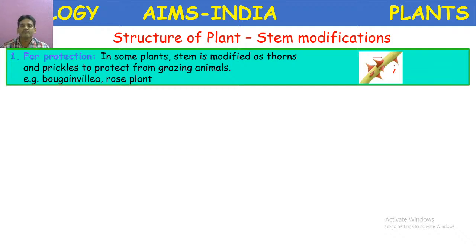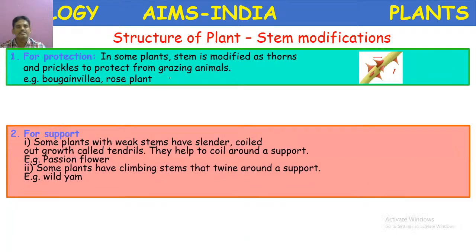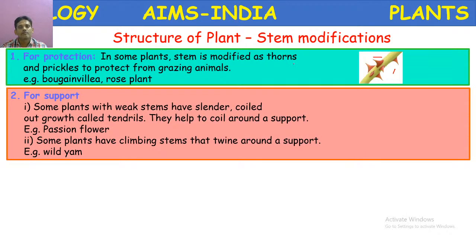They develop some mechanism to protect themselves. As a result, the modifications help them to survive. So these thorns, for example bougainvillea and rose plant, are good examples for protection thorns modification. These are the thorns. First modification.